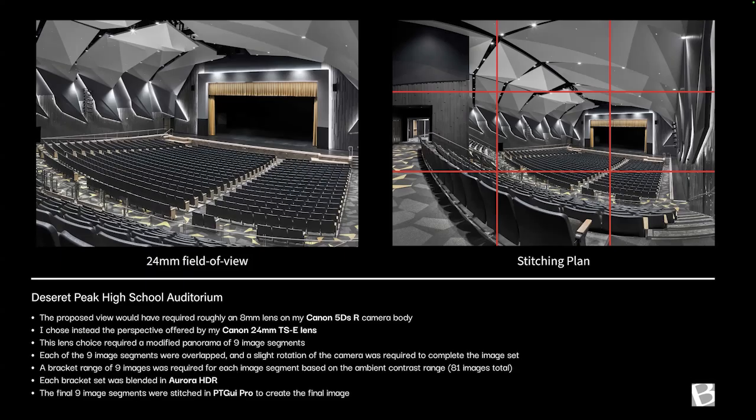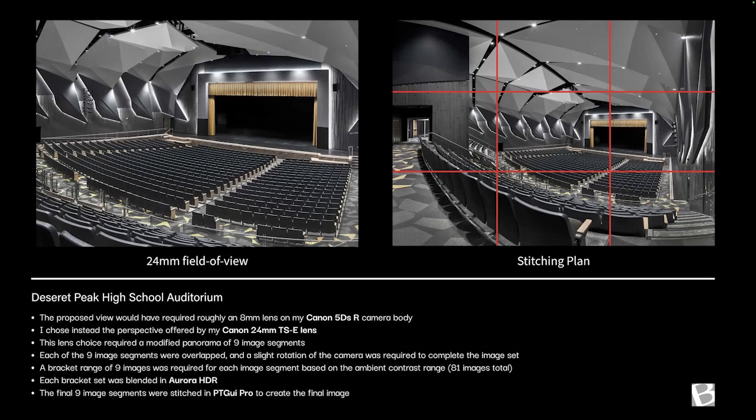I took those 9 different bracket ranges, and then I blended them each in Aurora HDR. So I ended up with 9 different images that were slightly overlapped, and I recommend that you overlap 25 to 30% on these things if you're going to do something like this.